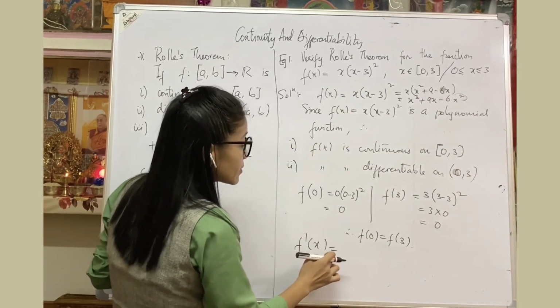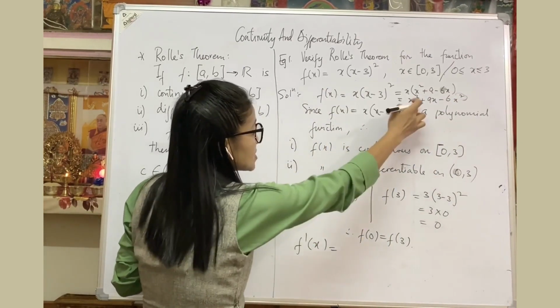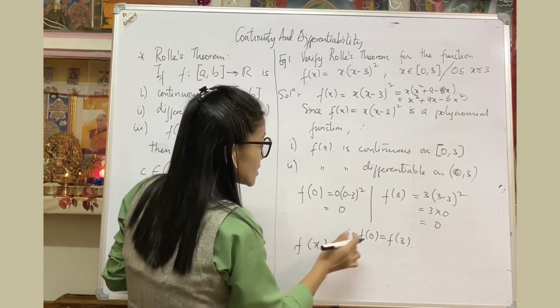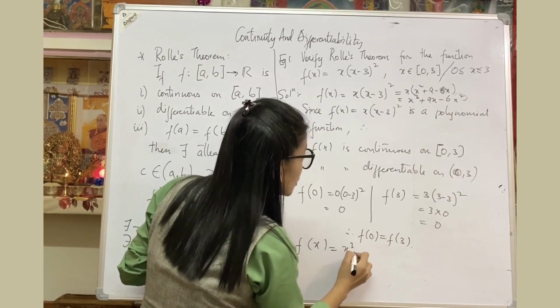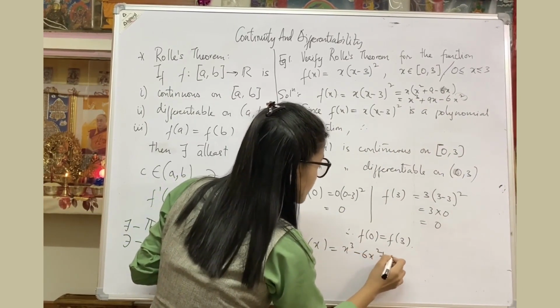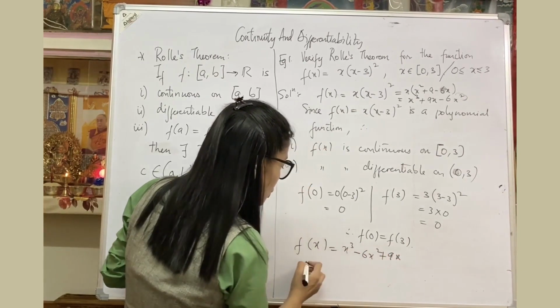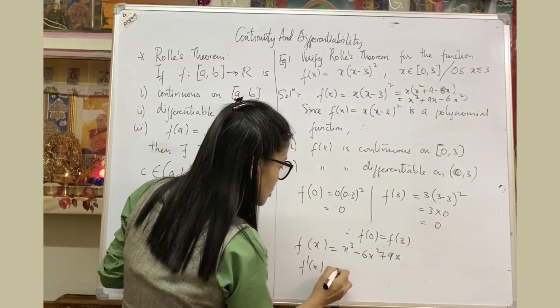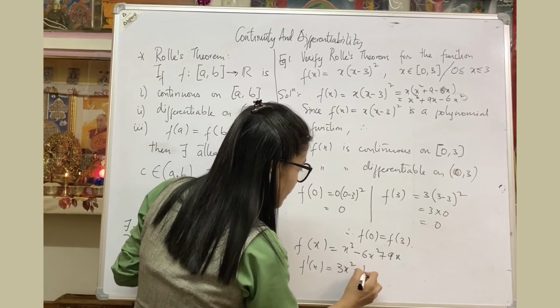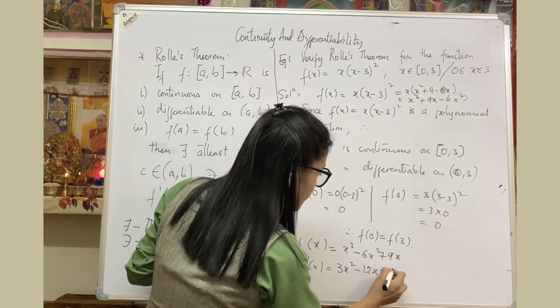So you write down what is f(x): it is x cube minus 6x square plus 9x. Then f dash of x is equal to 3x square minus 12x plus 9.